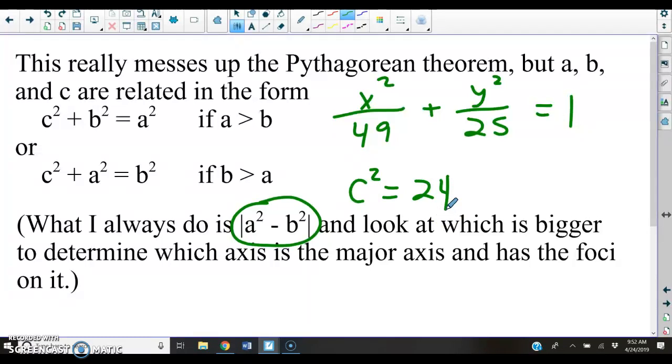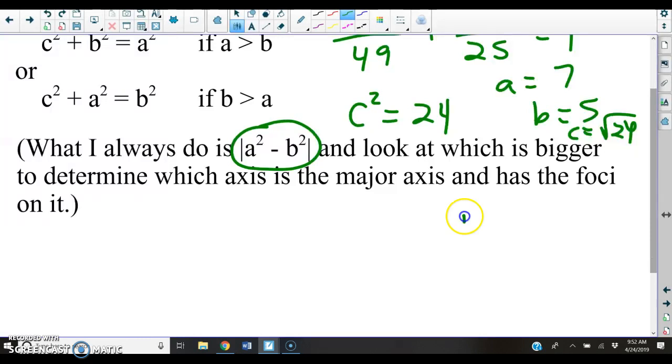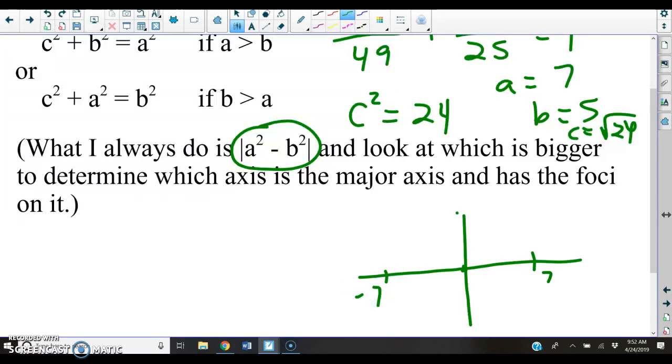Okay, so here my a is going to be 7, my b is 5, and my c would be the square root of 24, almost 5. So now if I were to sketch this, I know my center is at 0, 0. I'm going to go 7 right and left, 5 up and down, and my focus is going to be square root of 24.